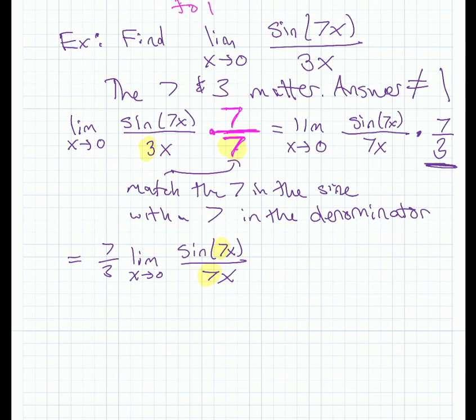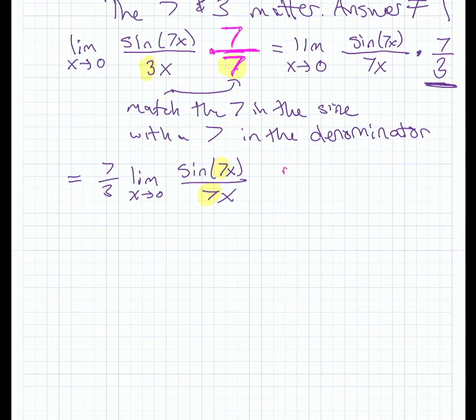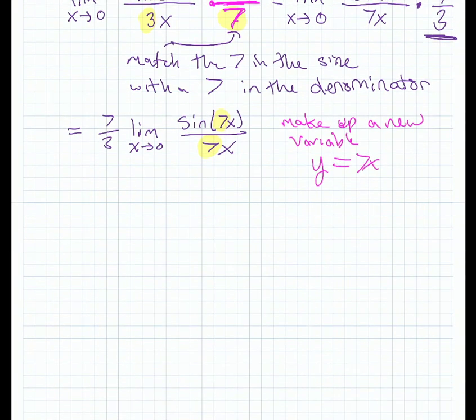The reason that works is because if you make up a new variable, let's call it y, and it's equal to 7x, then if you replace your 7x's with y, you would get 7/3 times the limit as y goes to 0 of sine y over y.